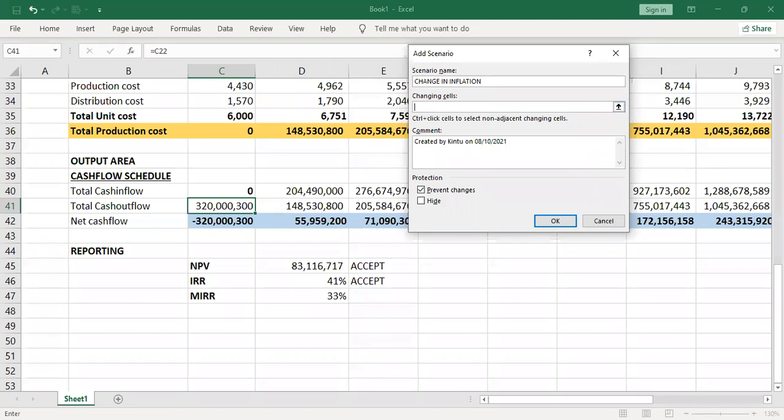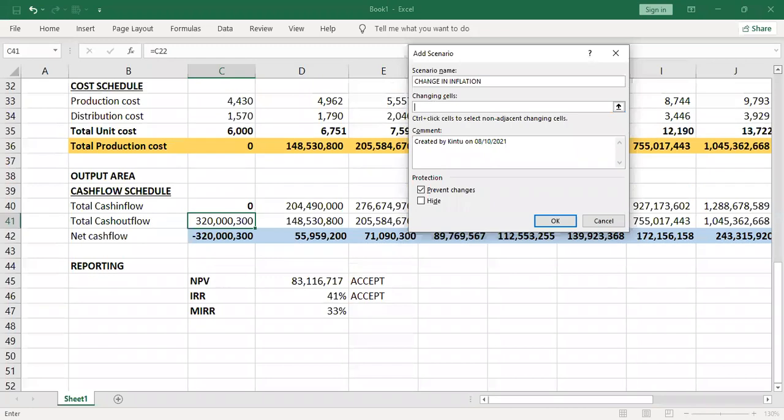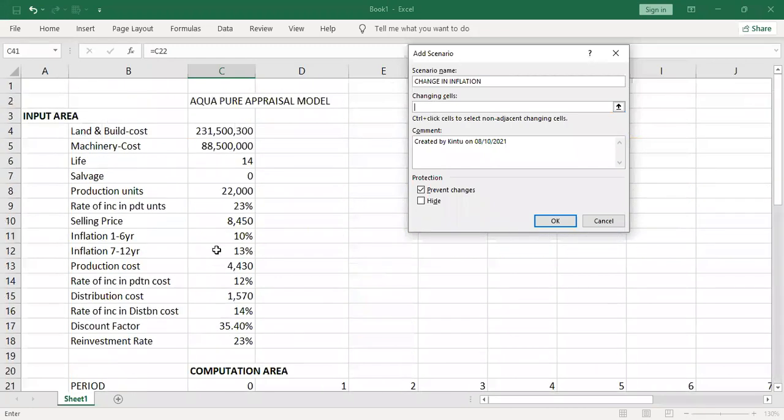Then go to the input area and click on that cell that has inflation in the second half of the project's life, which is 13%. Then after that, you click on OK.